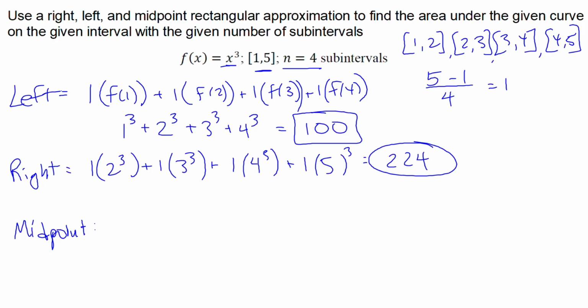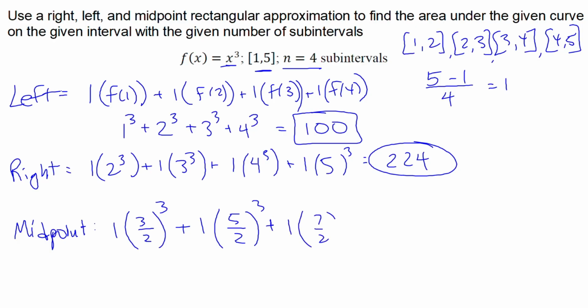And if we were going to do the midpoint approximation here, we're going to take the midpoints of each of those intervals and evaluate our function at them. So the midpoint of 1 and 2 is 1.5, or 3 halves. So we have 1, the length of the subinterval, times 3 halves cubed. And we'll add to that 1, the length of the next interval, times 5 halves cubed. And then we'll add to that, again, 1 times the midpoint of the next one, 7 halves cubed, and 1 times the midpoint of the next one, which is 9 halves cubed. And so then we'll just do all of that arithmetic there, and we're going to end up with 8s in the denominator.